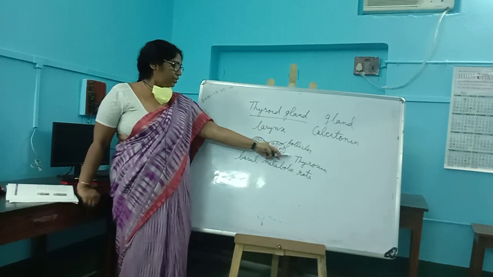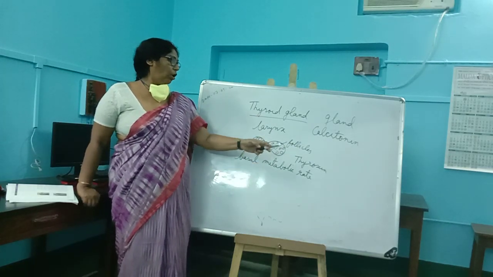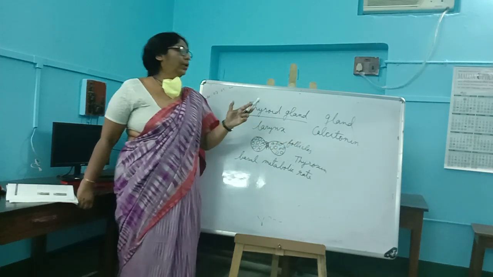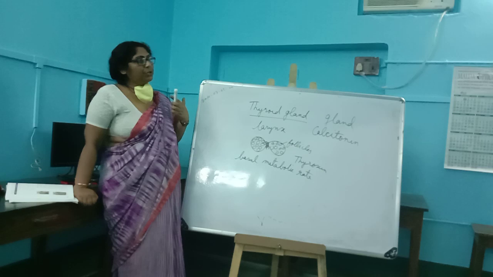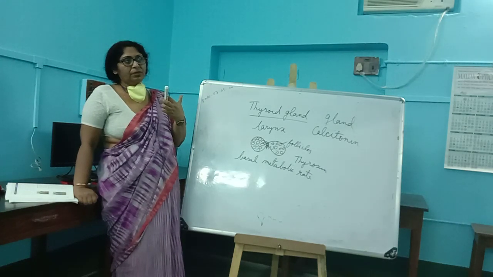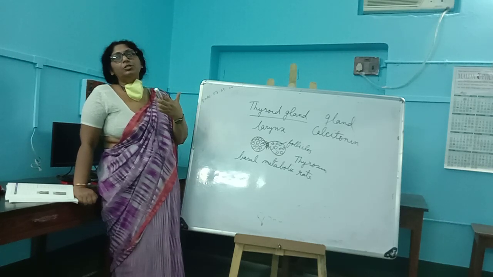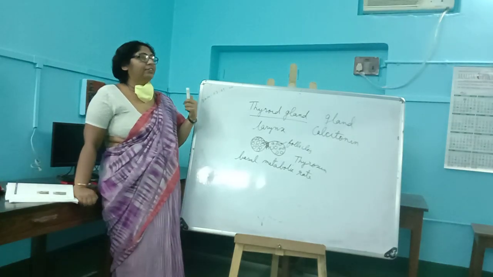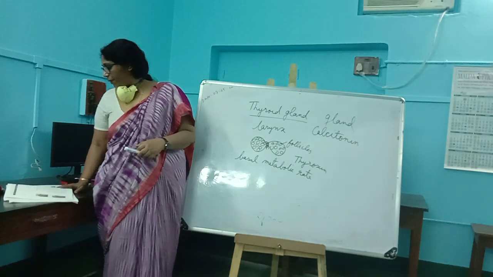One is thyroxine, which controls the basal metabolic rate, and the other hormone, calcitonin, will maintain the amount of calcium in your blood. So when there is more calcium in your blood, the excess calcium will get deposited on the bones, and when there is less calcium in your blood, then the calcium will dissolve out from the bones and reach the blood. So these two hormones you have to keep in mind.